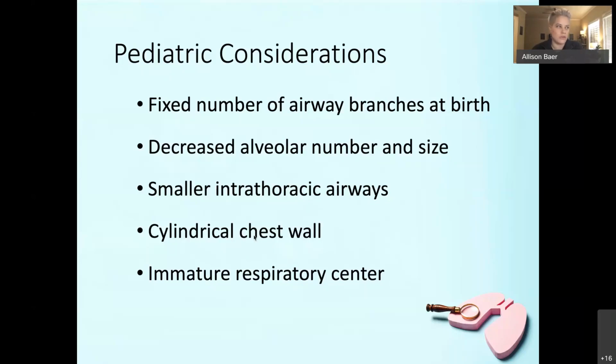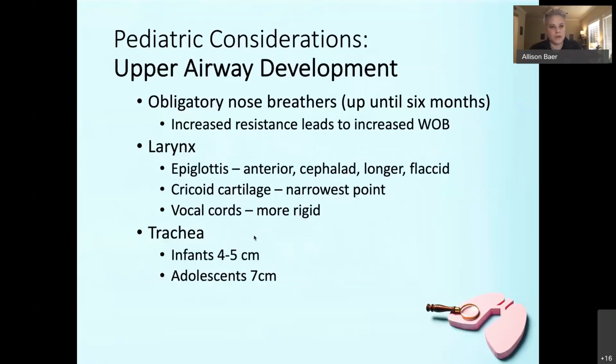And in general, their respiratory center is going to be immature. Especially babies, they're going to have that immature respiratory center, and as they grow, that will mature and start functioning like it should.